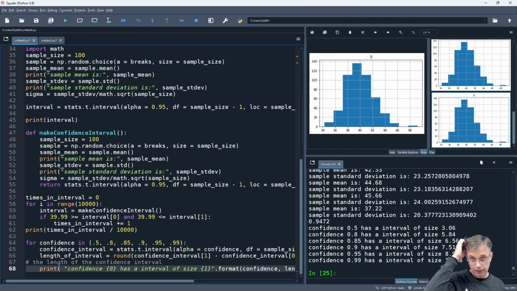So once again, our hypothesis was that as we make our confidence level larger, we will likely see larger confidence intervals to ensure that we catch the true population parameter, and this is exactly what happened. The interval became larger and larger.